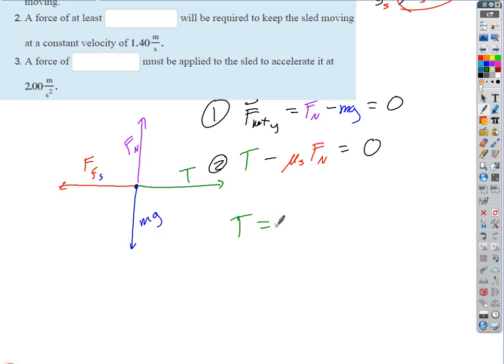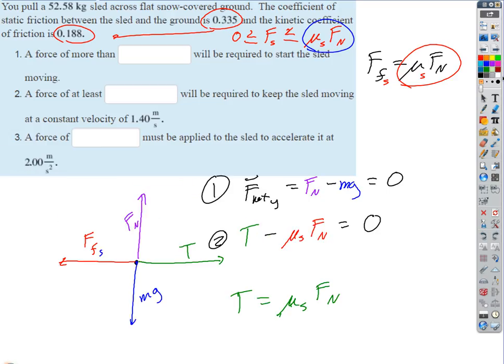We get T equals, if I add this to the other side, mu sub s times normal force. Well, we're given mu sub s right there, right? What about normal force, though? They don't give us that. But look at our first equation up here.